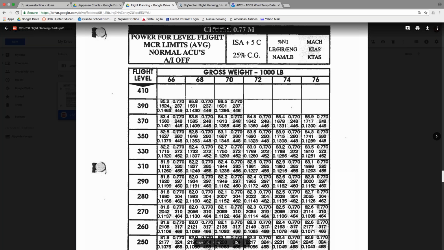So let's say that our whole trip, we're burning 3,430 pounds per hour. Half that is 1715, so 5145.